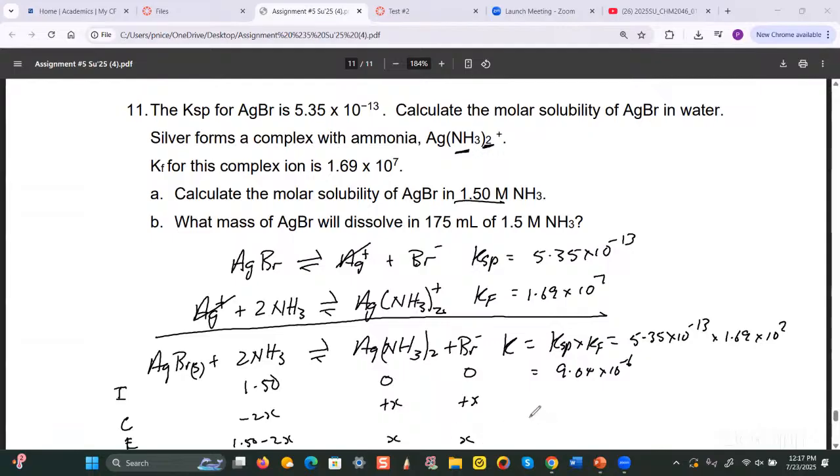And of course, what we can do is plug these values into the expression for K for this reaction, which is the concentration of Ag(NH3)2 plus times the concentration of Br minus divided by the concentration of NH3 squared, right? So we have to put these terms in.